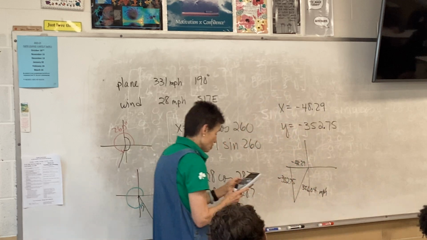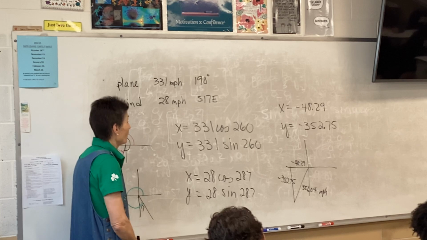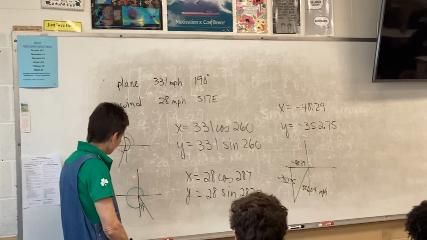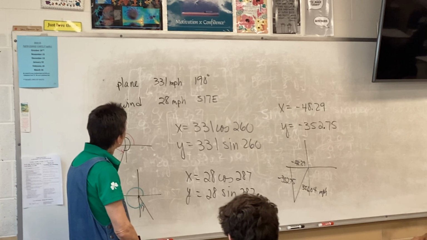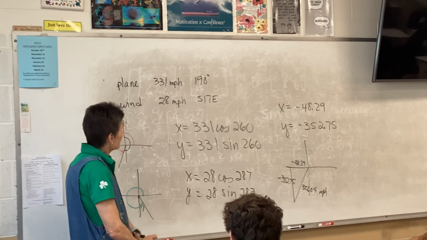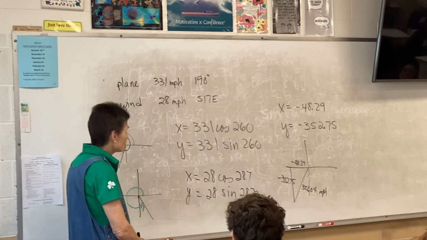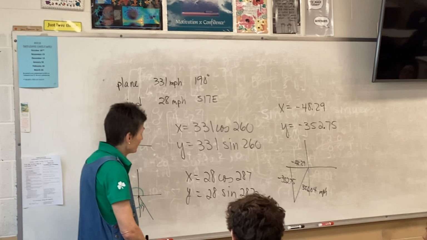So the actual speed of the plane is 356.04. Now wait a second. That's faster than the original was. I think they're both going south, right? So it's pushing it a little bit.